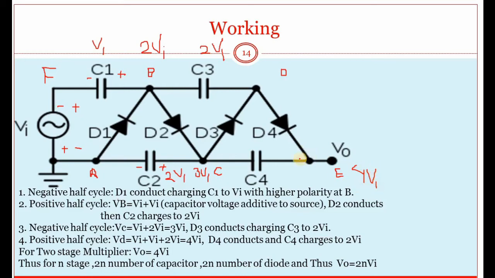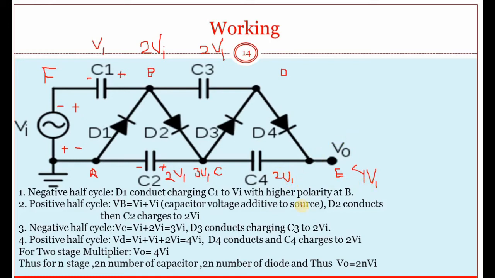This voltage will charge C4 by 2Vi. Hence the output voltage will be 4 times the input voltage.